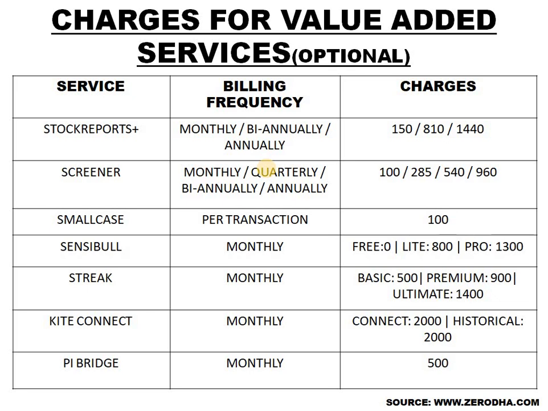Here on the chart in front of your screen, we have categorized the details into 3 different columns, wherein in the first column we have discussed the services that are available with Zerodha, followed by the billing cycle, and lastly in the last column are the charges as per the billing cycle.